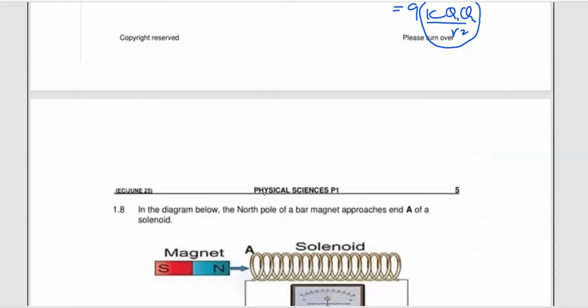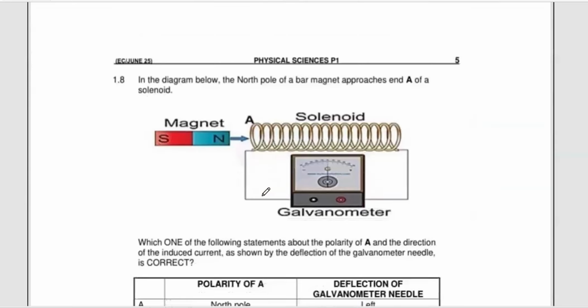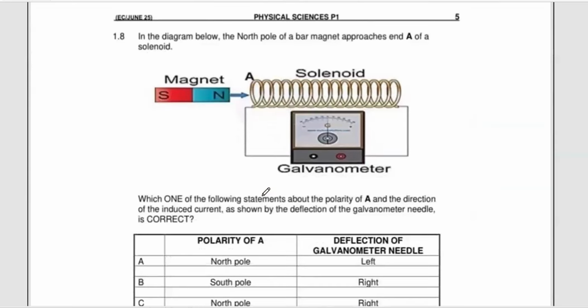Then 1.8, in the diagram below, the north pole of a bar magnet approaches the end A of a solenoid. Which one of the following statements about the polarity at A and the direction of the induced current shows the deflection of the galvanometer needle? One thing we know, when you talk about induced current and induced polarity, we must put that into consideration.